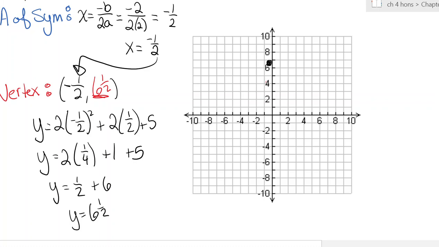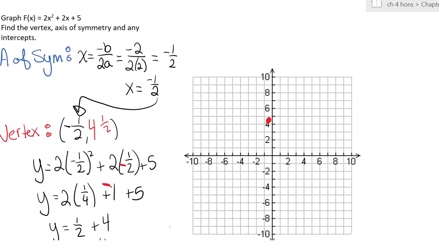So it's going to go right about here. And you know what, guys? Hopefully you caught my mistake. I made a little one right here. I should have plugged in a negative half, and that's a negative 1. That makes this 4 and 4 and a half. So let's fix that real quick. So it should be 4 and a half right here. So fixing that coordinate point, it's going to be negative half, 4 and a half.